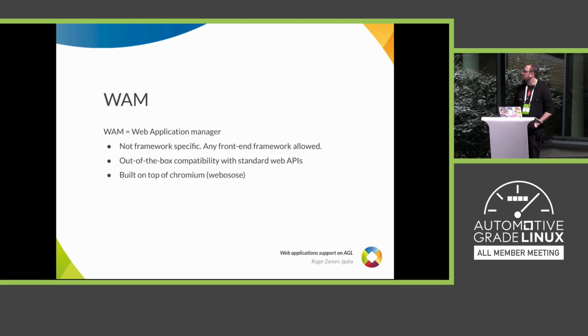Like I said, it's built on top of the Chromium from the WebOS project. This means that we are tied to the release cycle. Every time they release a new Chromium version, we need to fork it and apply changes on top of it to ensure that it is compatible with AGL and make it work with the AGL platform.